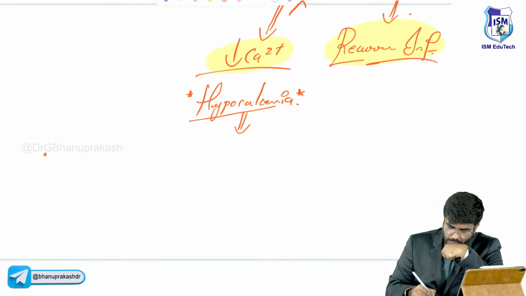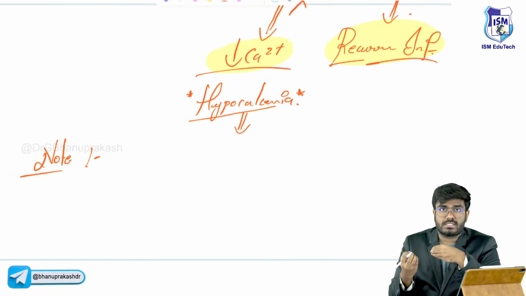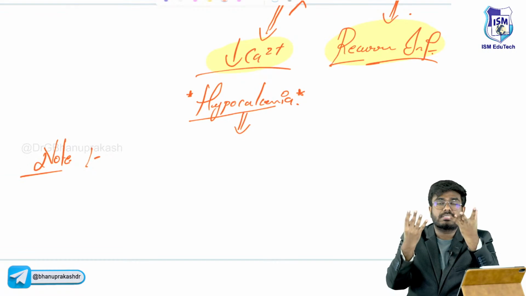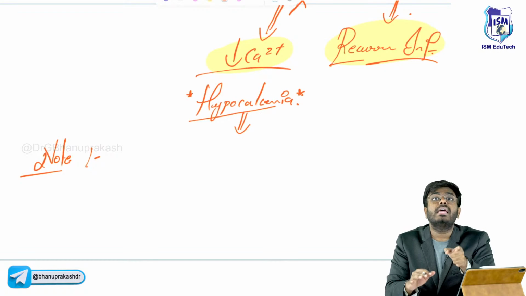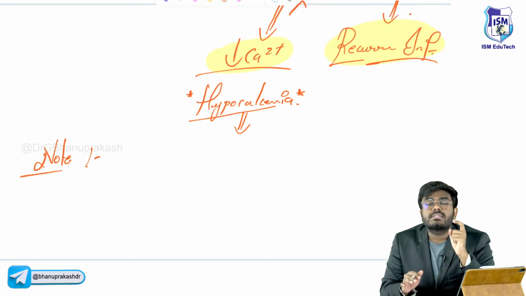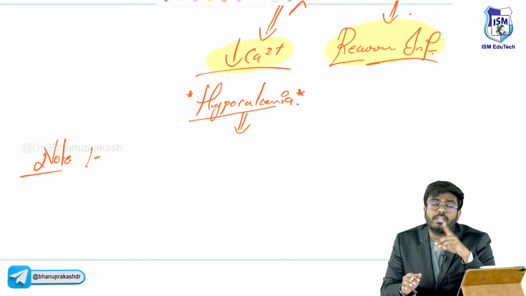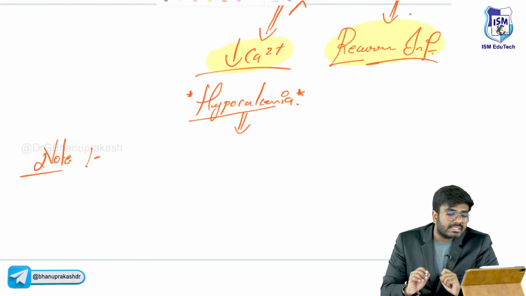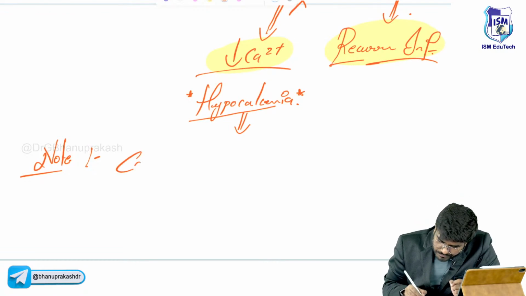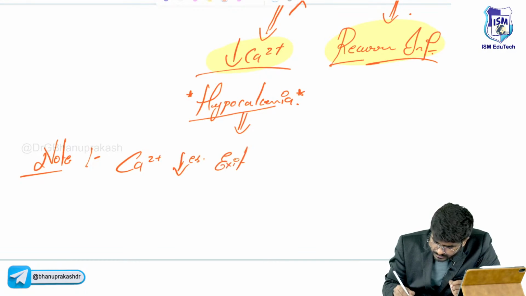You should take note: most students will think calcium is responsible for the excitability of neurons. No. It's sodium which is responsible for excitability. Calcium decreases the excitement of neurons. Remember, very important, calcium decreases the excitement of neurons.